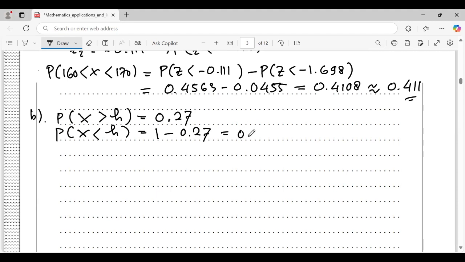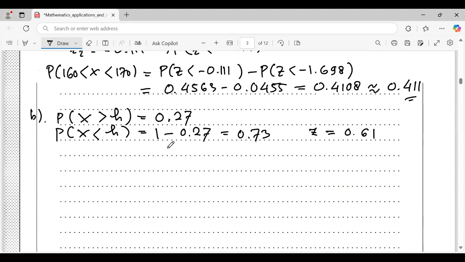And the result is 0.73. Using a standard normal distribution table or calculator, we can determine the z-score that corresponds to cumulative probability of 0.73, and the z-score is this one, 0.61.